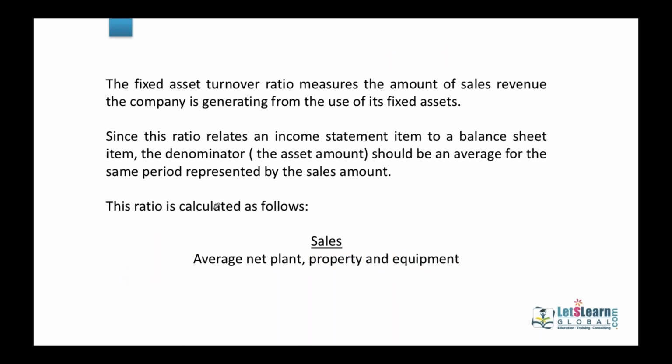This is one formula wherein we check the efficiency of the fixed asset used in the business to improve the sales. Not only this, we can also analyze the efficient usage of working capital, for which you can write a formula, the working capital turnover ratio.